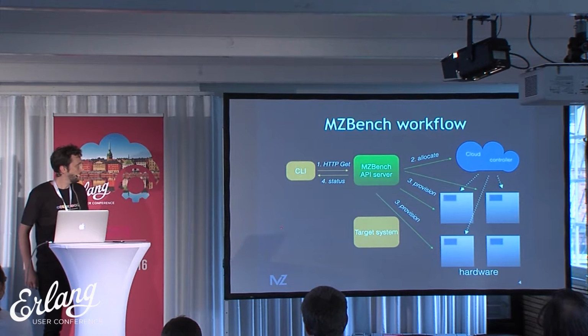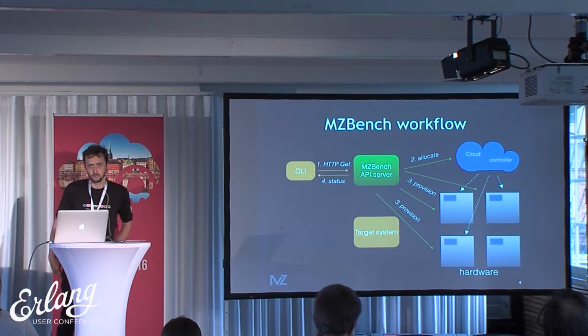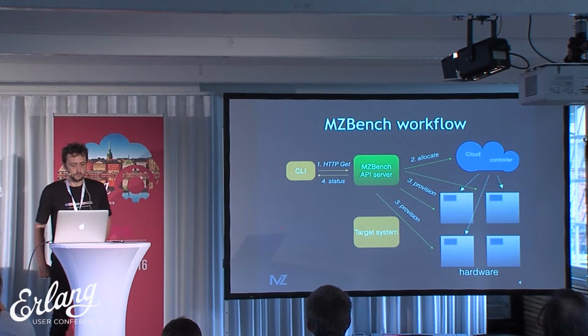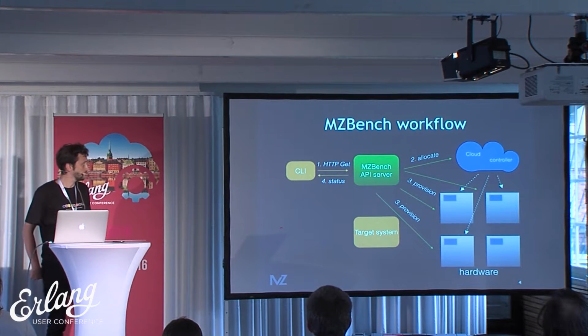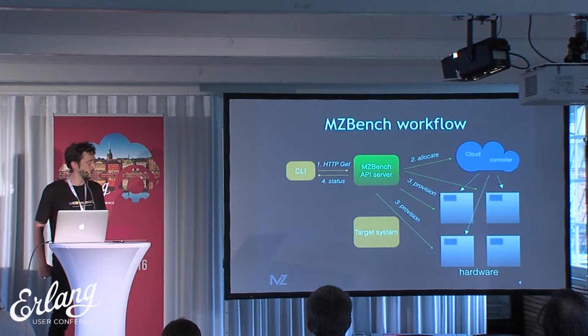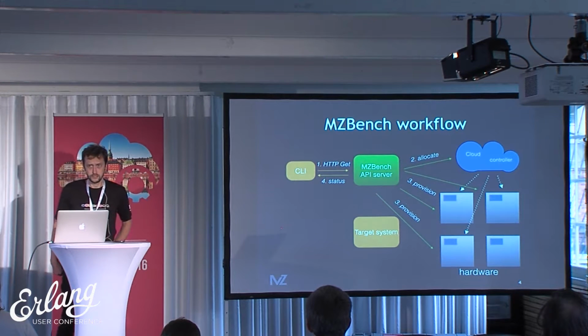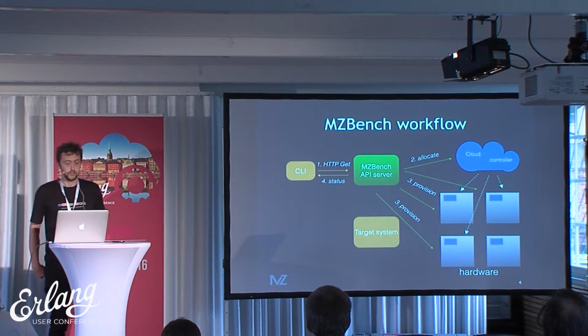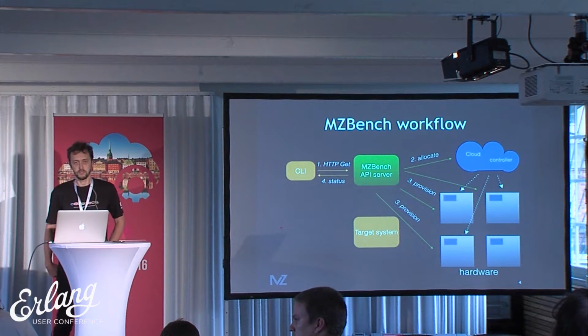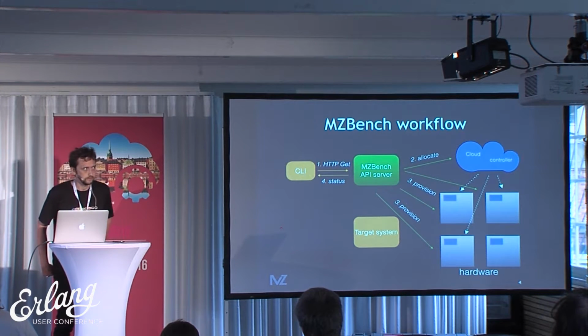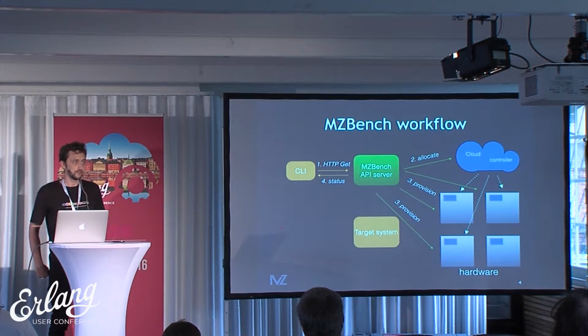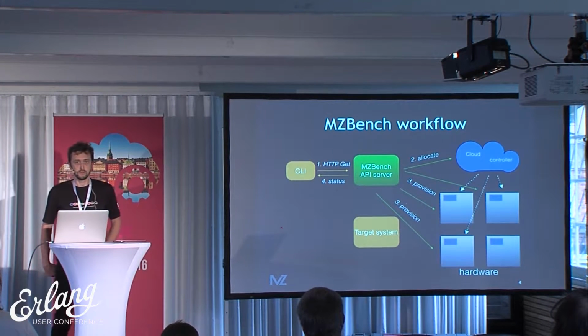To start a benchmark, you send a request or push a button inside the dashboard, and then the API server starts its work. Usually it requests some nodes from a cloud provider, usually EC2, and then starts to provision these nodes by copying its code, which we call MZBench node, and also protocol-specific code, which is used to generate some load on the target system under test.